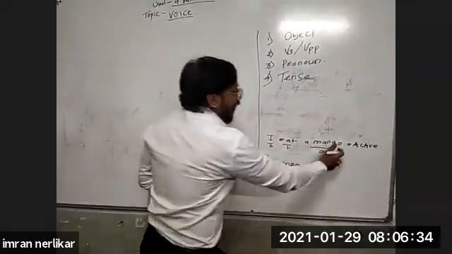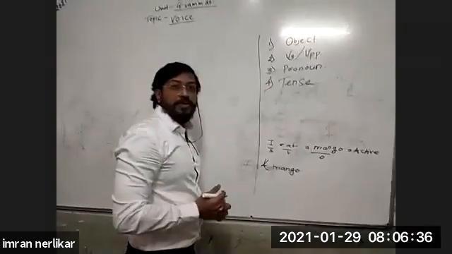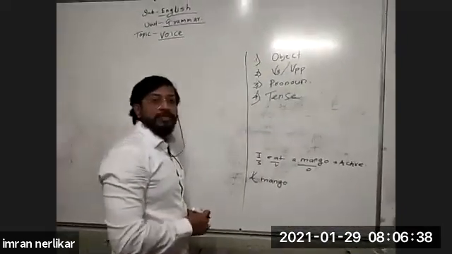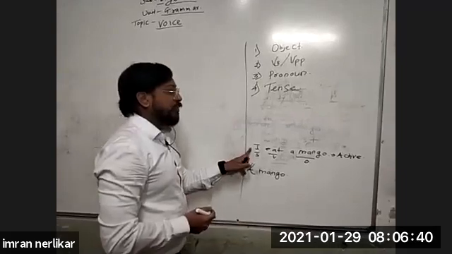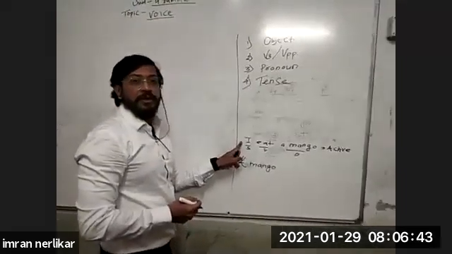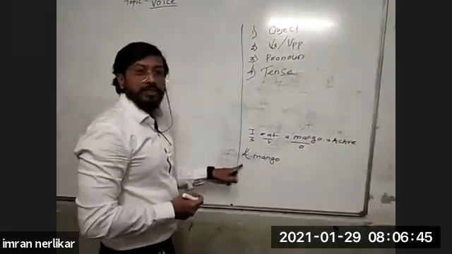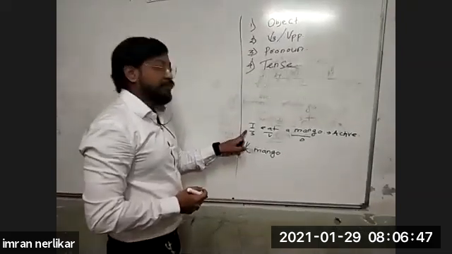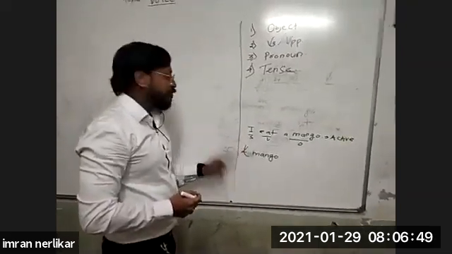See, I eat a mango. This sentence is in simple present tense. Now this simple present tense will become passive in continuous present tense. The sentence which is active in simple present tense becomes passive in continuous present tense.